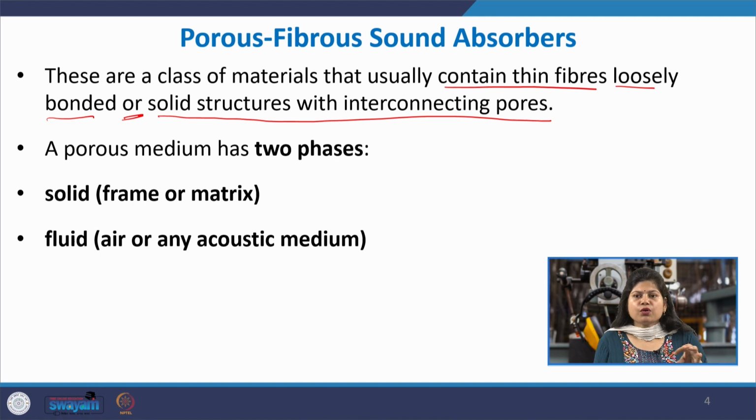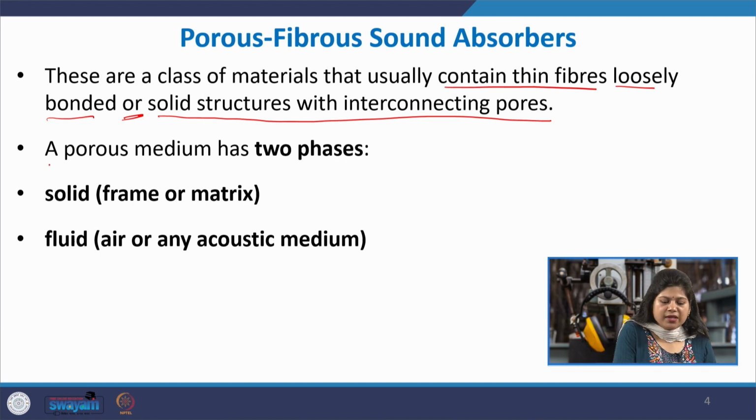So, whenever a sound wave is incident on it, there are a lot of gaps, pores or openings available on the exposed surface through which the sound wave has a way to pass into the material. So, the material has the fibers or the solid structure and a lot of air gaps or openings in the form of gaps between the fibers or these interconnecting pores.